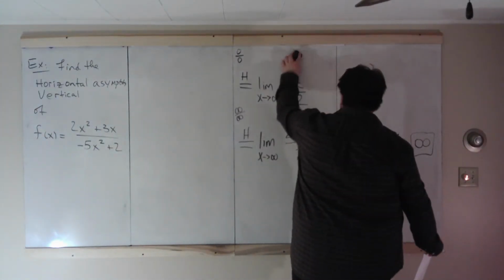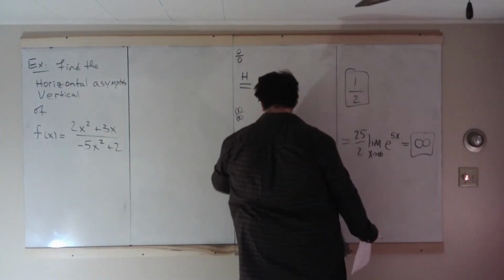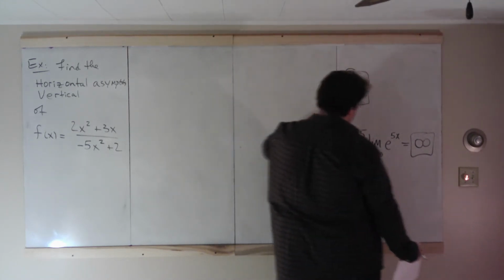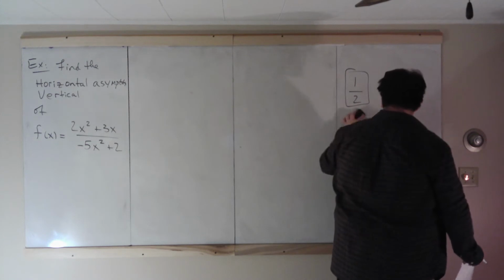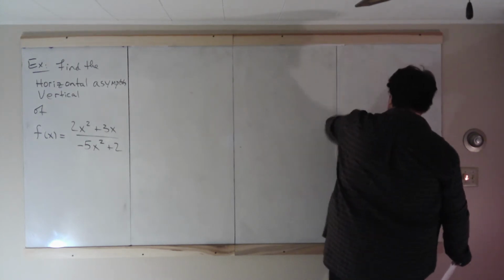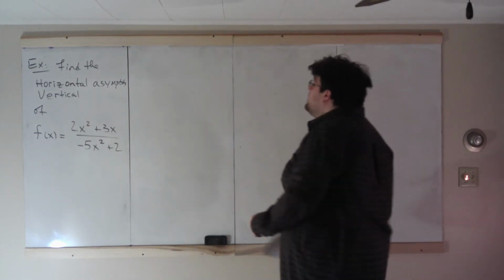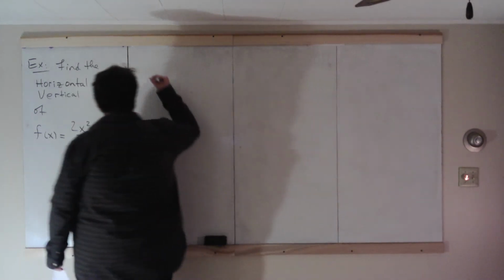Well, remember, a horizontal asymptote could be described by the behavior of the function as x goes to positive infinity, or by the behavior of the function as x goes to negative infinity. So let's find the horizontal asymptotes first.